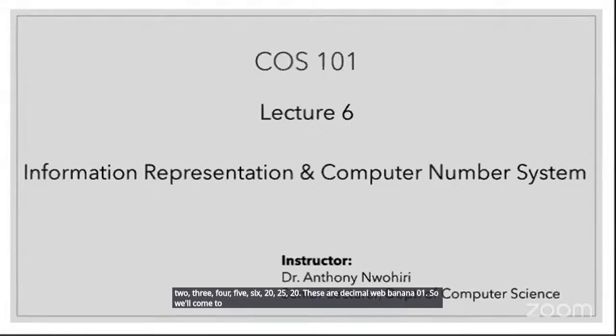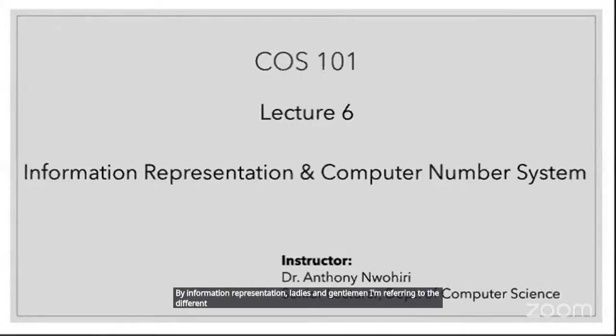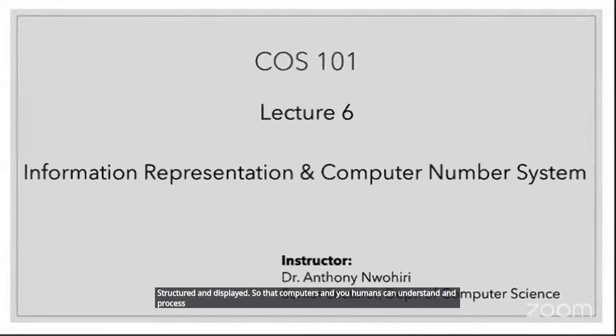So let's first look at information representation. By information representation, ladies and gentlemen, I'm referring to the different ways data and knowledge can be organized, structured, and displayed so that computers and you humans can understand and process them efficiently.